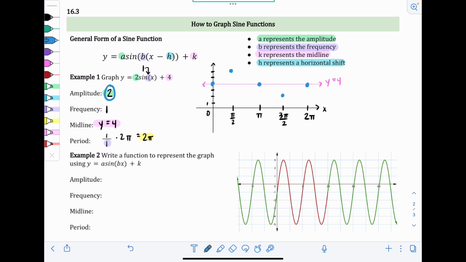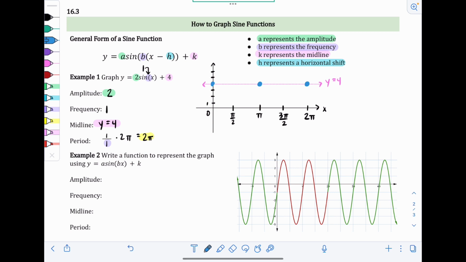I'm going to show you one other order that I sometimes like to use when I'm graphing sine or cosine for that matter. So for sine, you can see that there are 1, 2, 3 points on the midline. Sometimes I like to just graph those right away. They happen at the start where that point is, at the end of the period at 2 pi, and then in the middle.